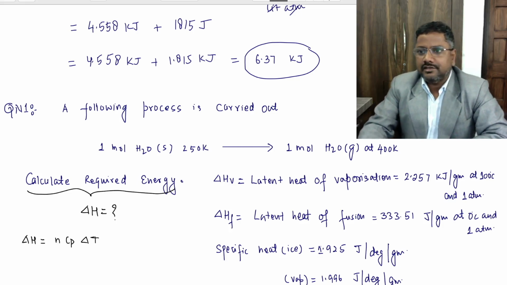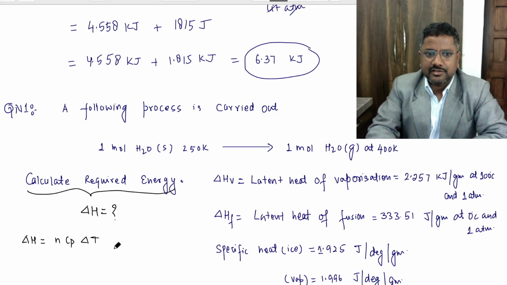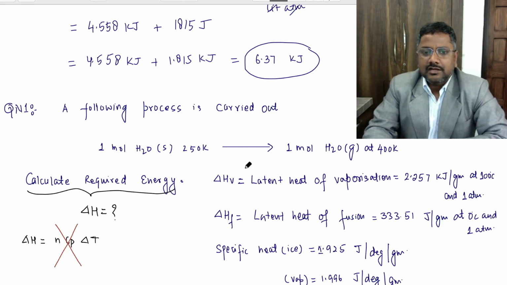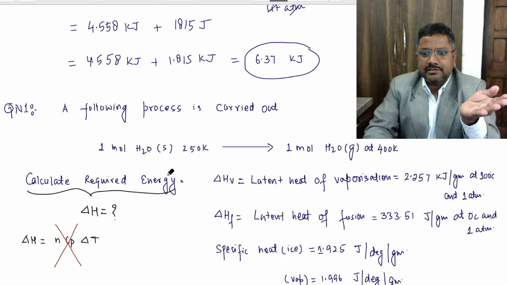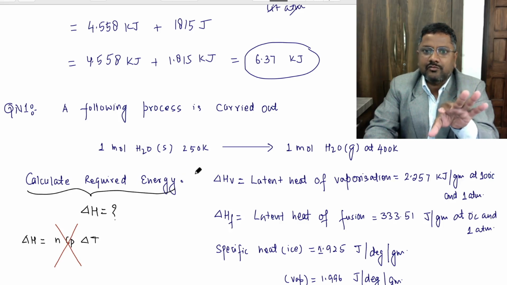So dear students, in this type of question, if you use this formula directly, your answer is incorrect. You cannot use this formula here unless you are able to design the path. See, this is not a single-step process where we simply take the ice, put in the heat energy, whatever heat is required, and it converts into this, and we directly evaluate.